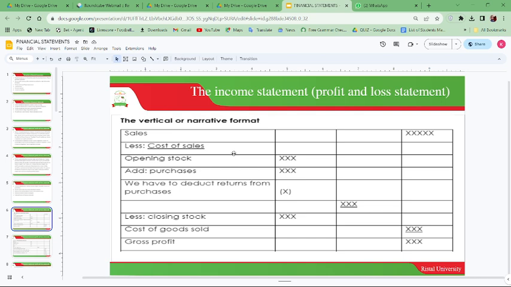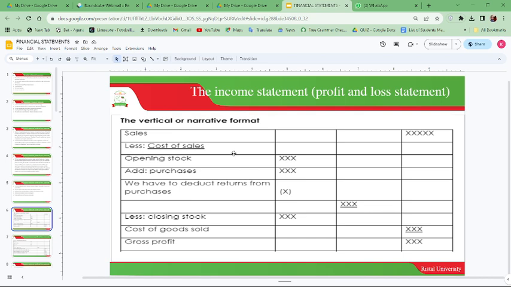It is the carrying value of goods sold during a particular period. So this cost of sales is the goods that you sold in that particular period.